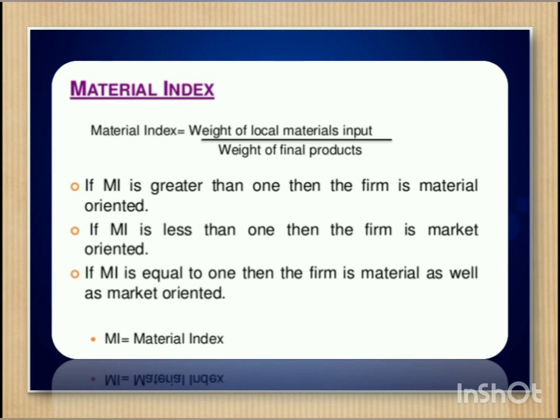Material index, MI, is equal to weight of local materials input divided by weight of final products. If MI is greater than 1, then the firm is material oriented. And if MI is less than 1, then the firm is market oriented. And if MI is equal to 1, then the firm is materials as well as market oriented.